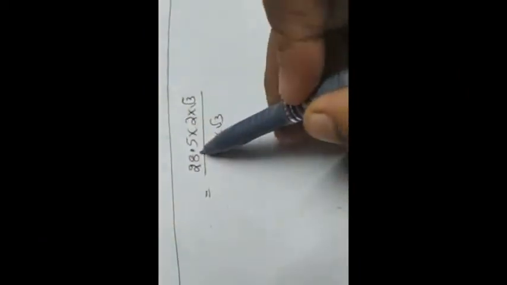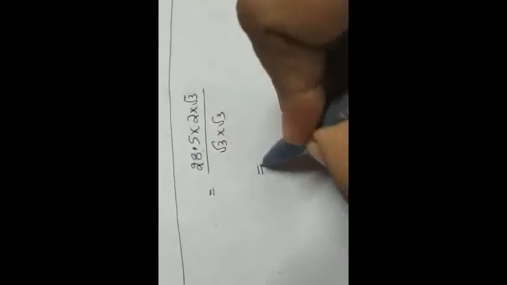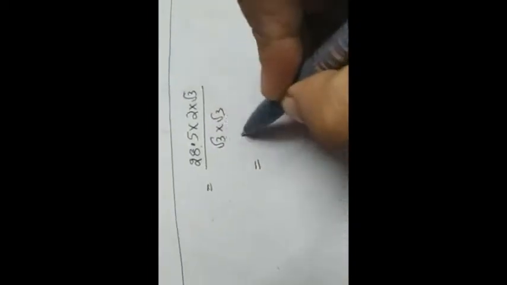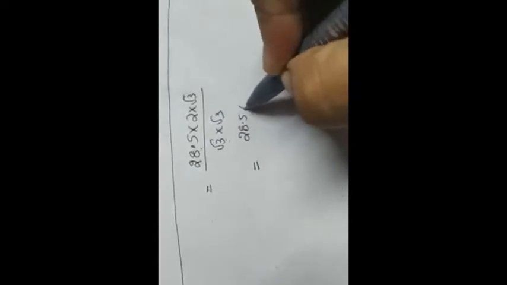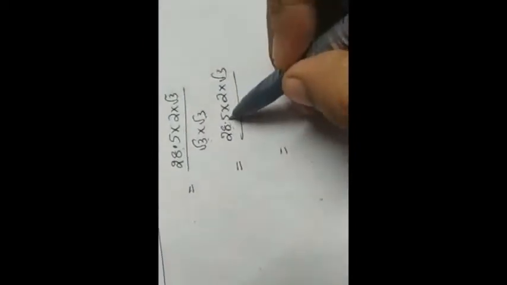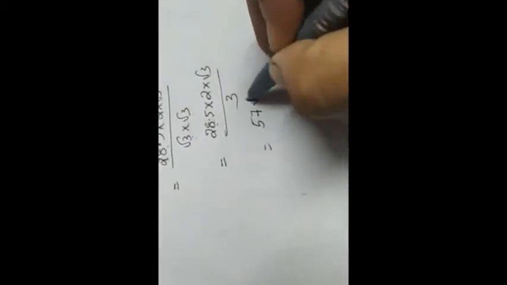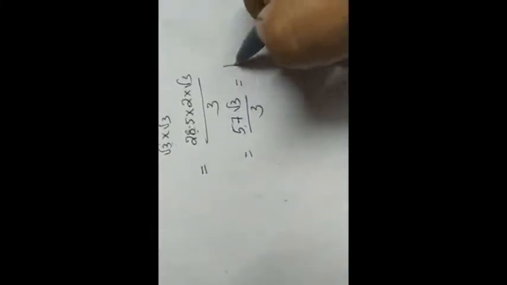Root 3 into root 3 is 3. So 28.5 into 2 into root 3 divided by 3. 28 into 2 is 56. 0.5 into 2 is 1. So 56 plus 1 gives you 57 root 3 divided by 3. 3 and 57 can be cancelled, giving you 19.